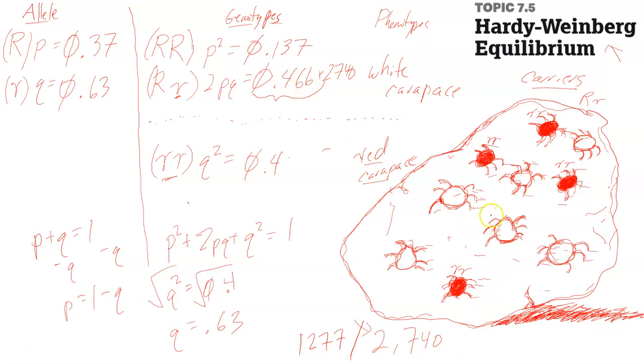So around half. So if we were to look at our little 10 bug rock over here, we would expect about 3 of these, if I was rounding a little bit, to be big R little r, right? That's approximately what we would expect. And of course, the rest of them we would expect to be homozygous dominant. Okay, that wraps this one up. I will see you in the next video.